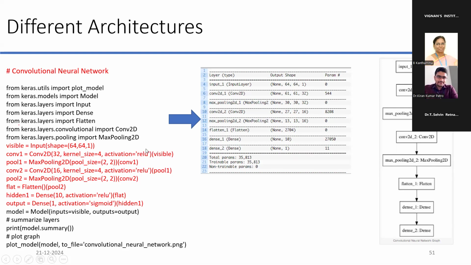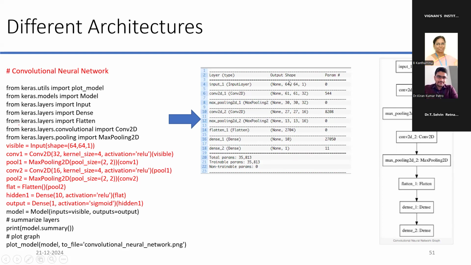Here my activation function is ReLU. Generally, the activation function will activate the neurons in each layer. Then flatten, then dense, which is the classification layer. Dense with sigmoid. Sigmoid is one of the good activation functions for binary classification. On the right side, you can observe the summary of the convolutional neural network. These are the output shapes.